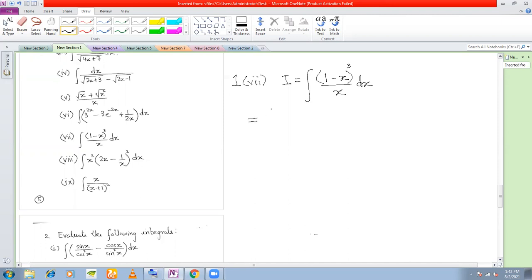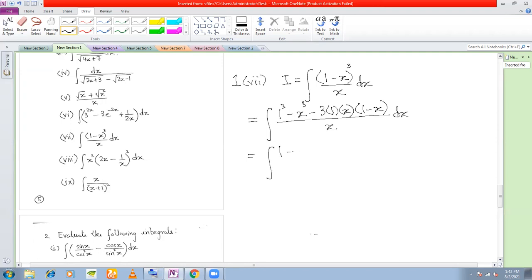So first of all, what you do is you expand this by a minus b whole cube formula. So a cube minus b cube minus thrice ab into a minus b, divided by x dx. Now see, you simplify the numerator.